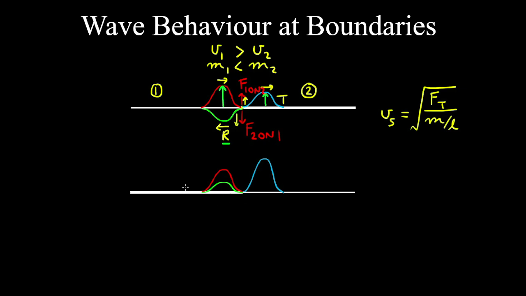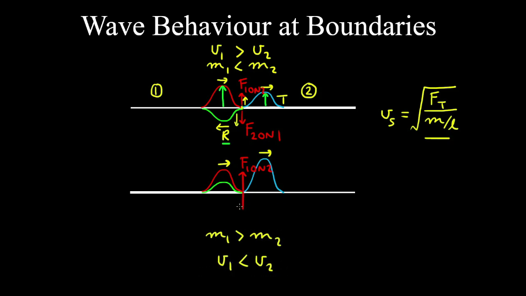Now on the other hand, if string 1 is heavier than string 2, this means that the incident wave speed is lower than the transmitted wave speed. So in this case, when a wave pulse reaches the boundary, it'll exert a force on string 2.